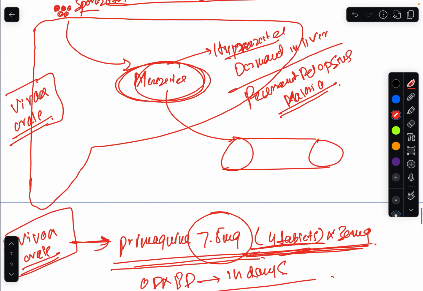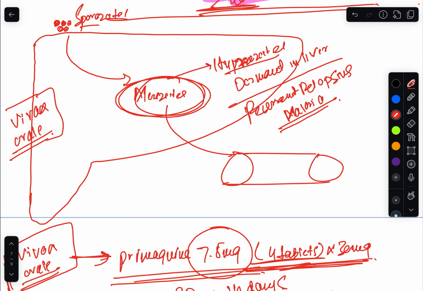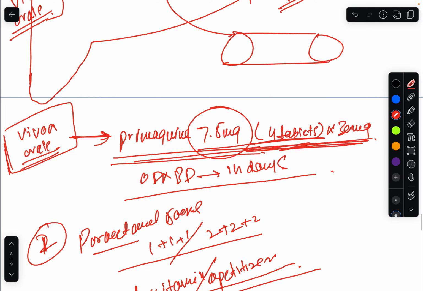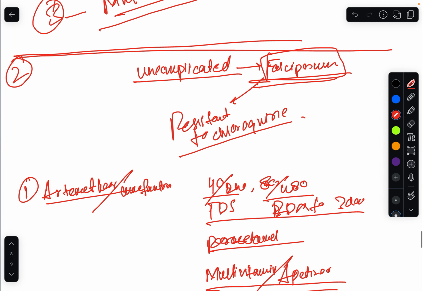And plus, if this is due to vivax and ovale, we know that they make hypnozoites which are dormant in the liver and can cause chronic relapsing recurrent malaria. So we give primaquine 7.5 mg tablet, 4 tablets which make 30 mg, OD or BD for 14 days, plus paracetamol and multivitamin.